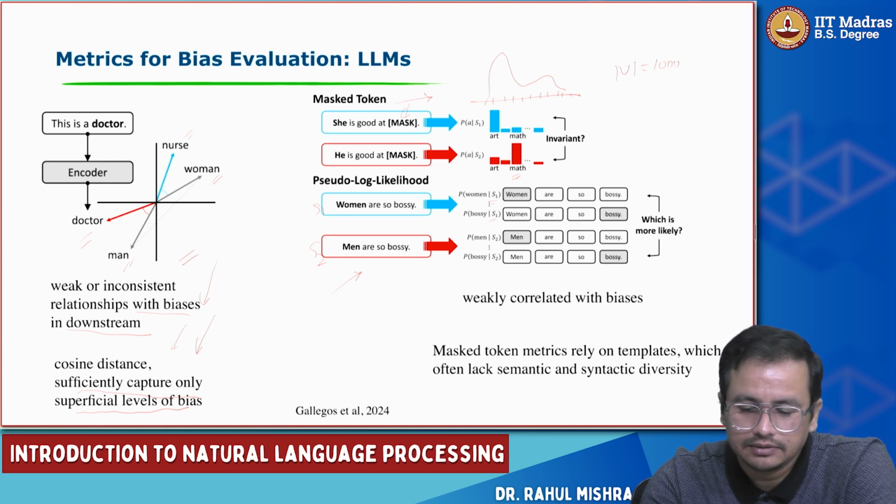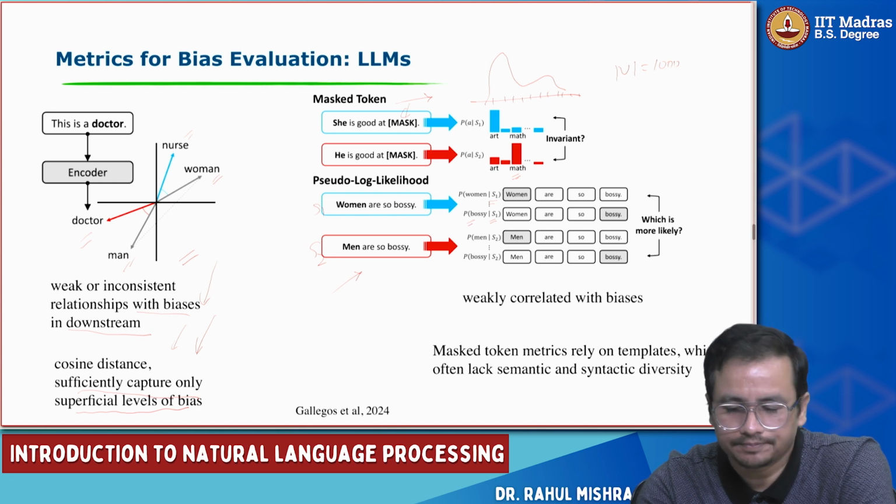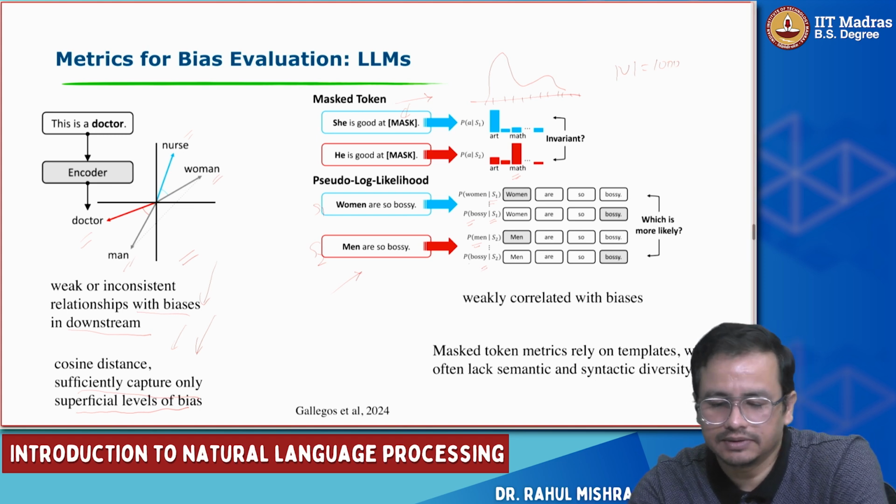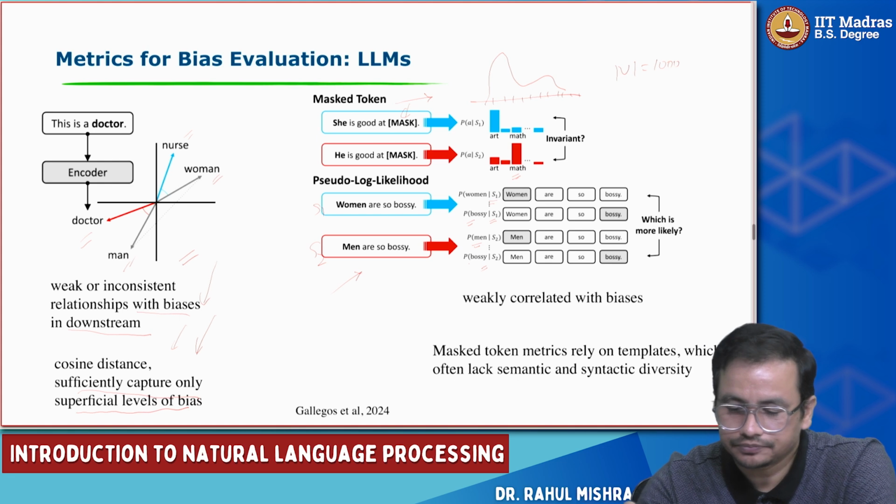And given the sentence S1, what is the probability of choosing bossy, right? So it's a conditional probability based rule. And similarly for men, given the sentence S2, "men are so bossy", what is the probability of choosing men, and what is the probability of choosing bossy. You can see what probabilities are given to this, and based on that you compute the score, right?